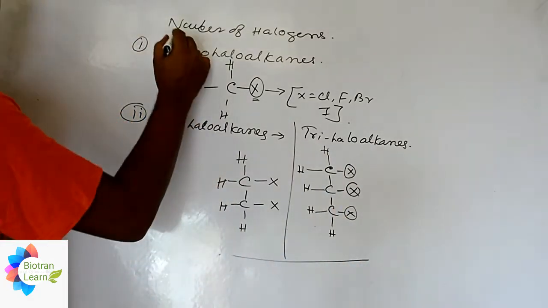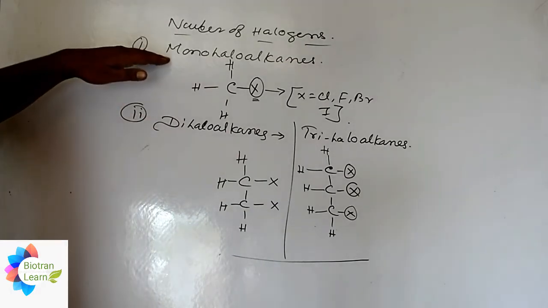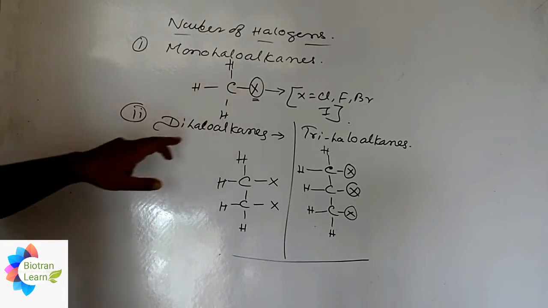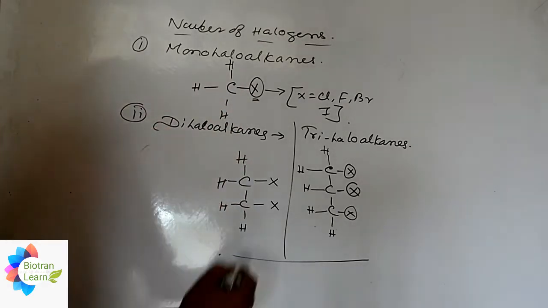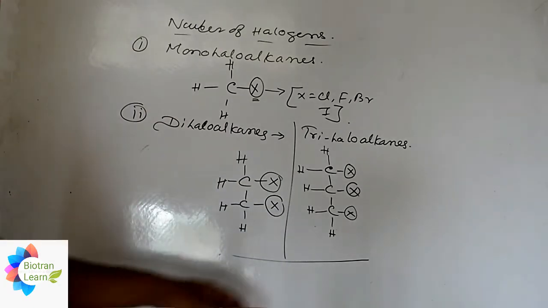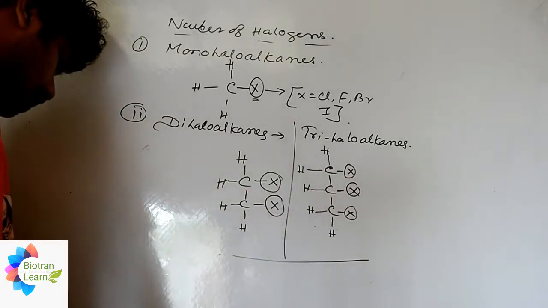So on the basis of the number of halogens present, we can have monohaloalkane which will consist of a single halogen atom, dihaloalkane which will consist of two halogen atoms, and trihaloalkanes which will consist of three halogen atoms.